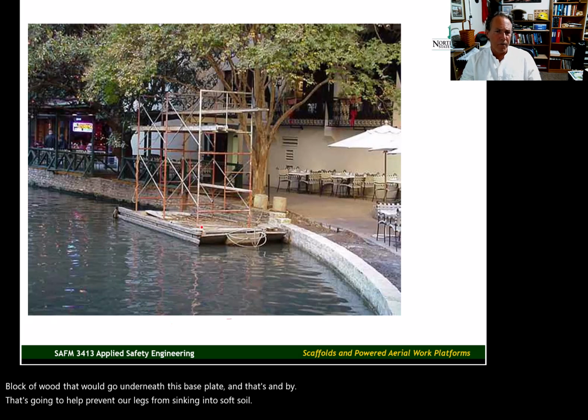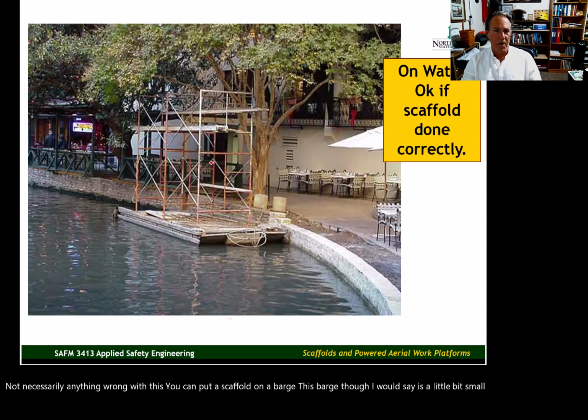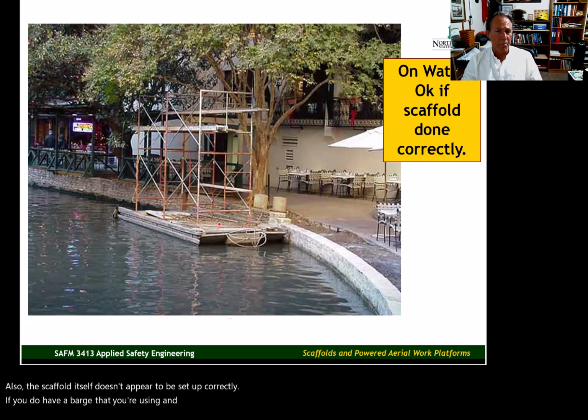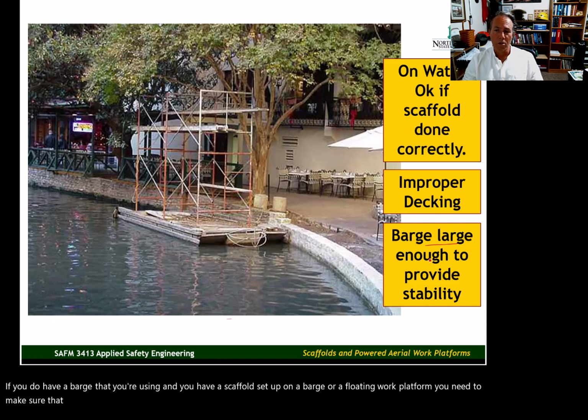Here we have a scaffold set up on a small barge. Not necessarily anything wrong with this. You can put a scaffold on a barge. This barge, though, I would say is a little bit small. Also, the scaffold itself doesn't appear to be set up correctly. If you do have a scaffold set up on a barge or a floating work platform, you need to make sure that the barge is large enough to provide the stability that's needed.